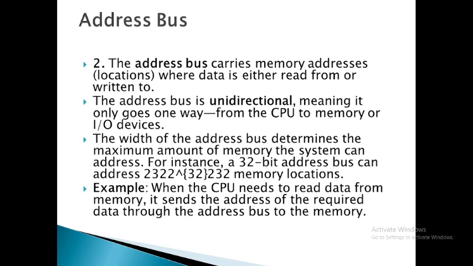This means that it can only go one way. For example, from the CPU to the memory, or from the CPU to the input-output devices, or from the memory to the input-output devices.